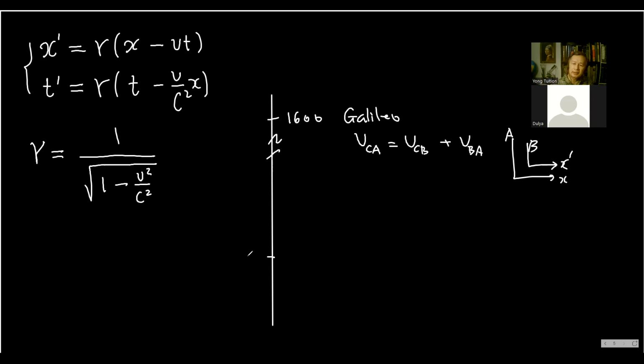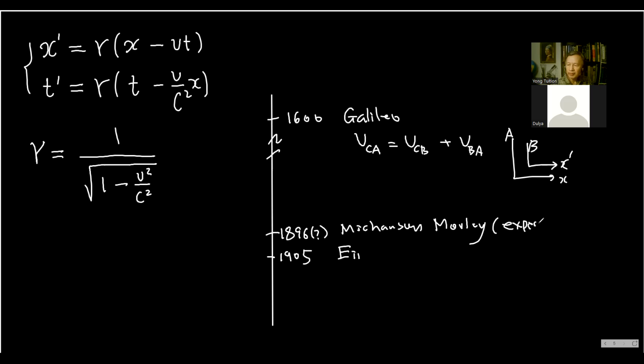But it was not until 1905. Before that, in 1887, Michelson and Morley did an experiment, and they found no ether.